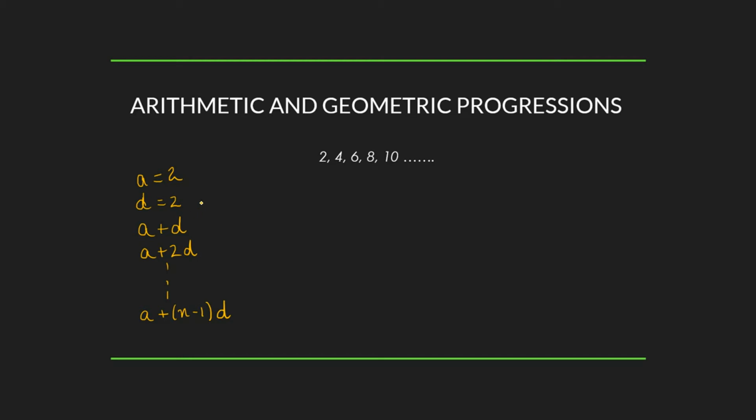Now, coming to the sum of terms, we can think of it in terms of average. Average of n terms is given by sum of those terms divided by the number of terms. So sum will become average into n. Now average for evenly spaced numbers is given by sum of first term plus last term divided by 2.